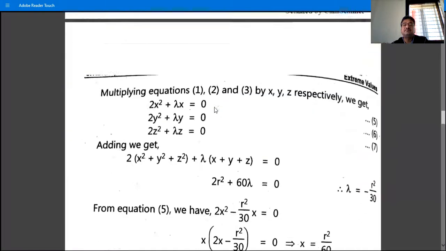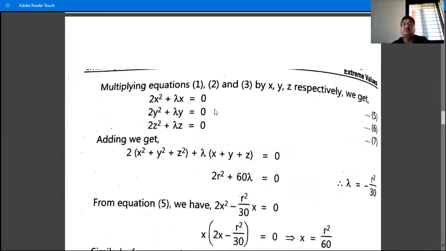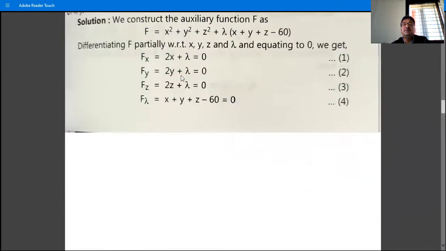Same procedure. We have the values of x, y, z from equations 1, 2, 3 in terms of lambda, so we apply the first method, that is, find x, y, z in terms of lambda from 1 to 3 and substitute in equation number 4. We get the value of lambda, and again we have the values of x, y, z from these equations.